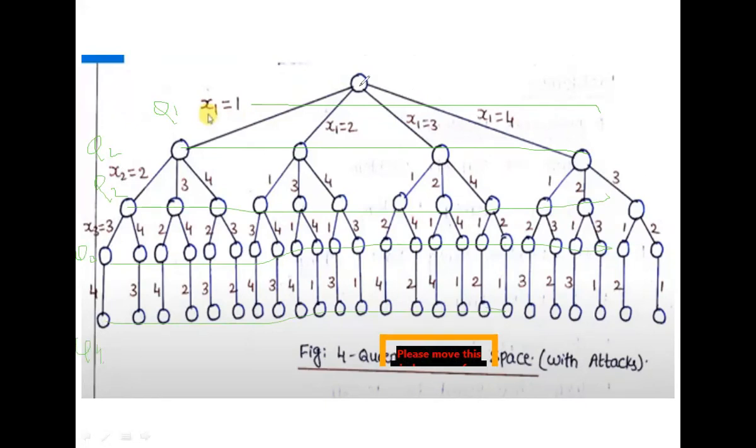Okay. Here in the first column I am representing q1. So this is my table, 1, 2, 3, 4. First column I have represented q1.